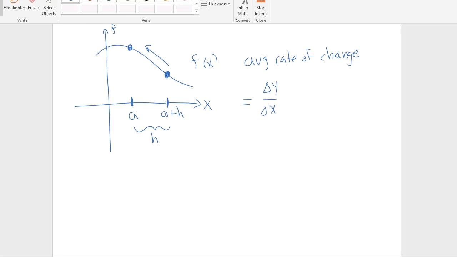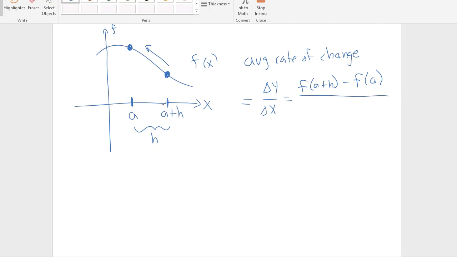So I'm going to take a plus h, plug it into that equation, and get f at a plus h. Then I'm going to subtract this y value. The value of x that I'm plugging in is a, so this y value is f at a.